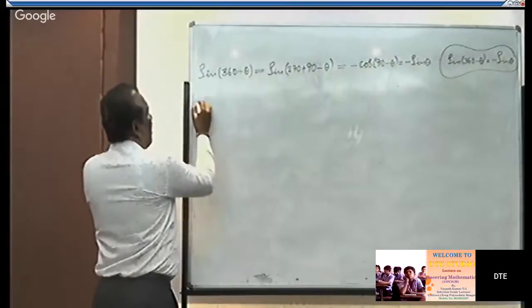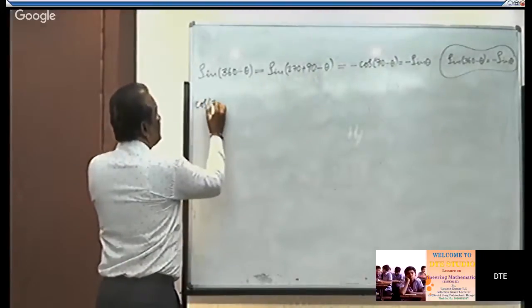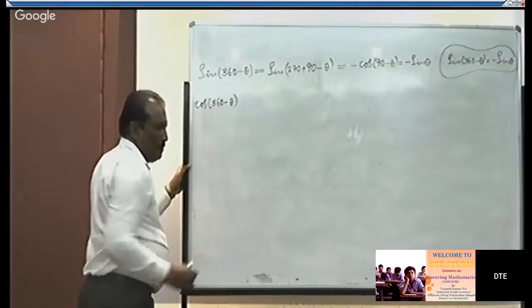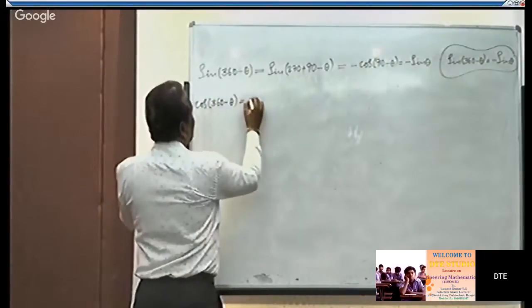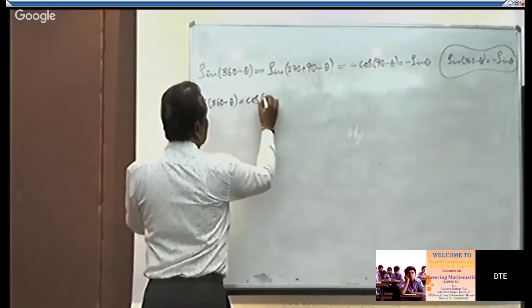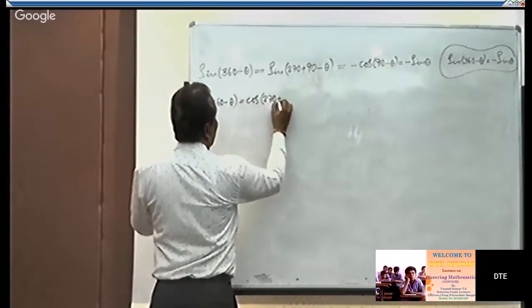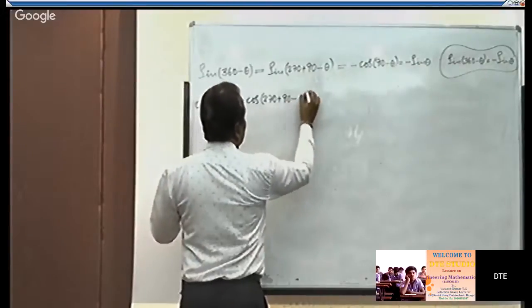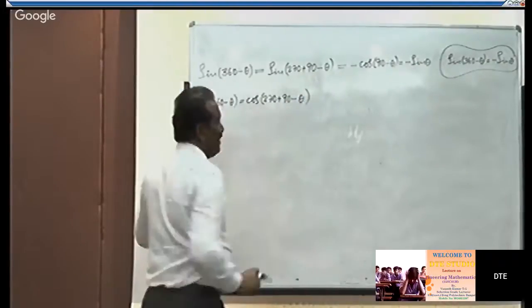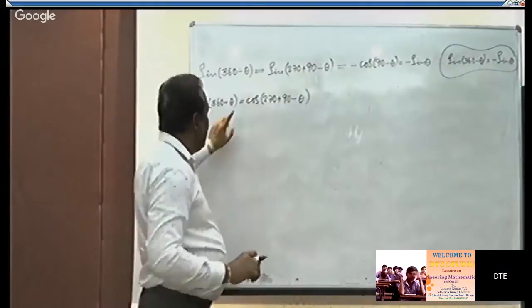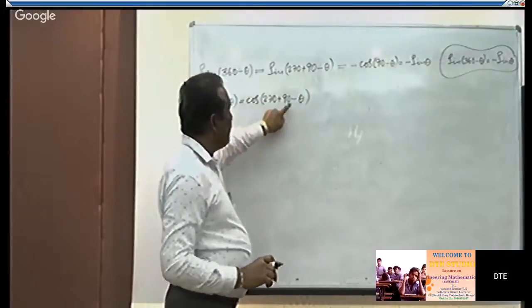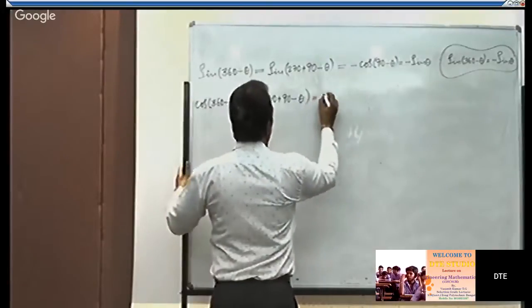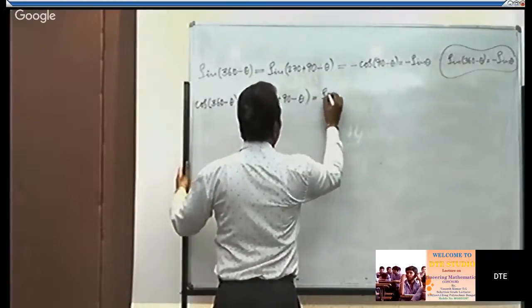Now, cos of 360 minus theta. As in case of the previous result, 360 you can split it as 270 plus 90. It is minus theta. Assume this 90 minus theta as theta. It becomes cos of 270 plus theta. Cos of 270 plus theta, we proved it as sine theta.